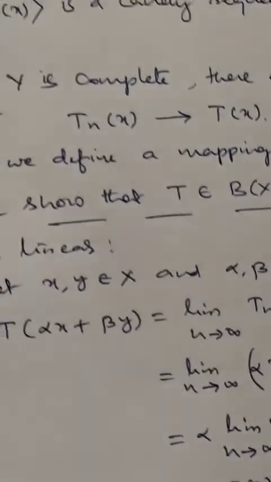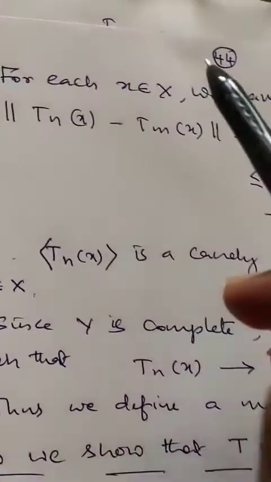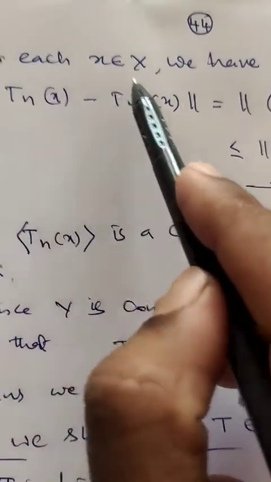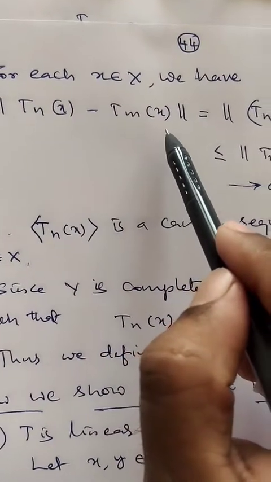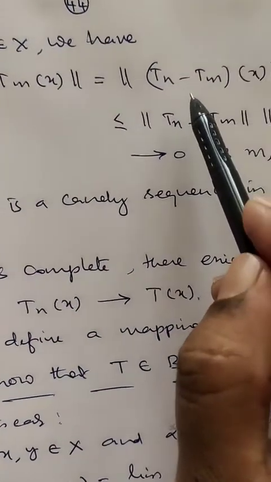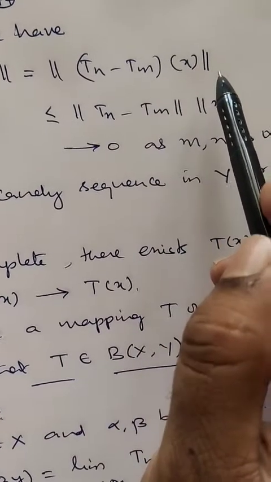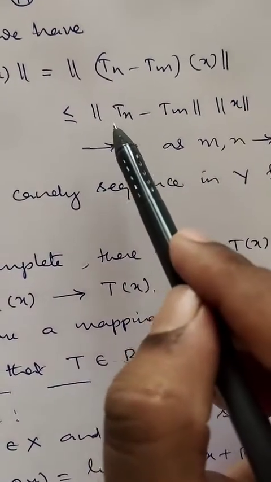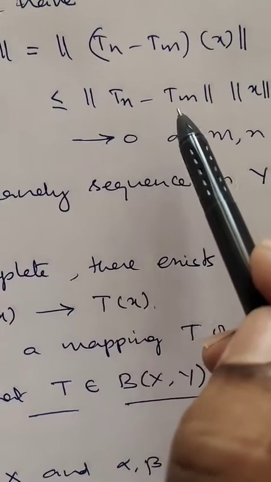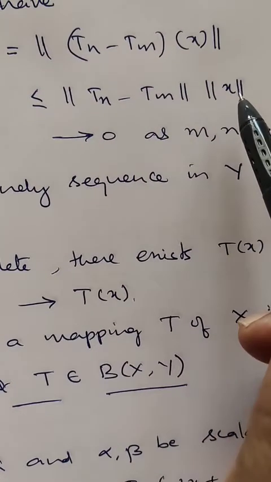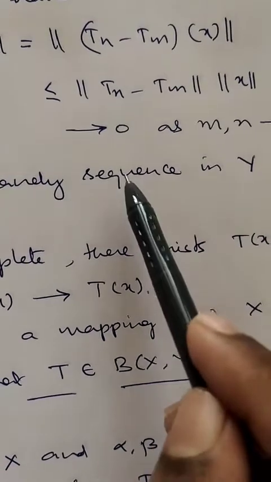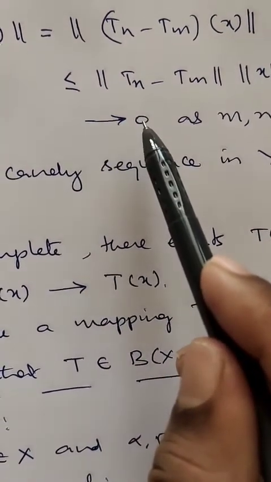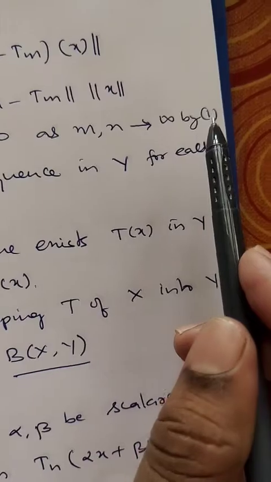Now for each x in X, we have norm of Tn of x minus Tm of x, which is equal to norm of (Tn minus Tm) of x. We can definitely write this as less than or equal to norm of Tn minus Tm times norm of x. This type of condition we have proved already. So this tends to 0 as m and n tend to infinity by 1.